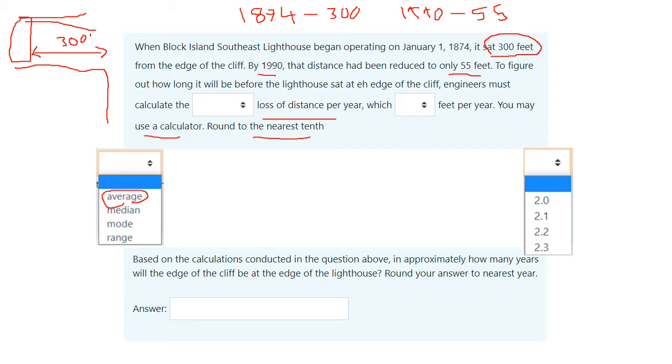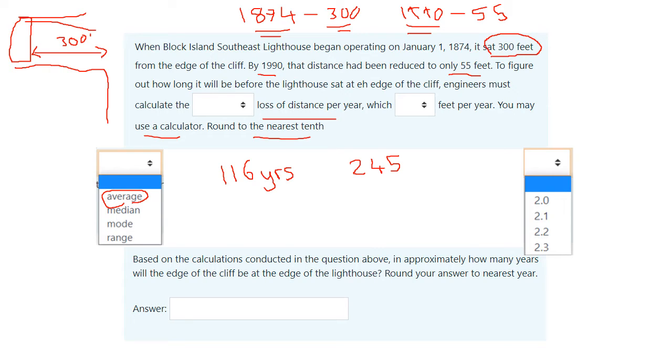So, how many years? From 1874 to 1990 would be 116 years. 300 feet minus 55 feet means 245 feet have been lost.